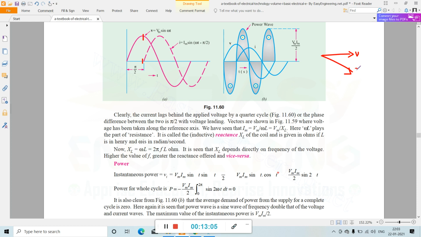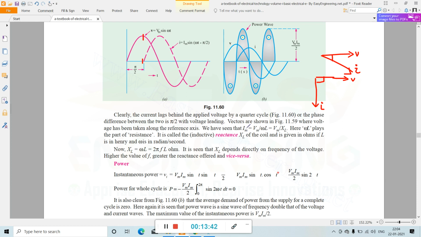This is general, but in the case of a purely inductive circuit, the current lags the voltage V by an angle of 90 degrees. This is the vector diagram. So current lags behind the applied voltage by a quarter cycle, or 90 degrees, or the phase difference between the two is π/2 with voltage leading.